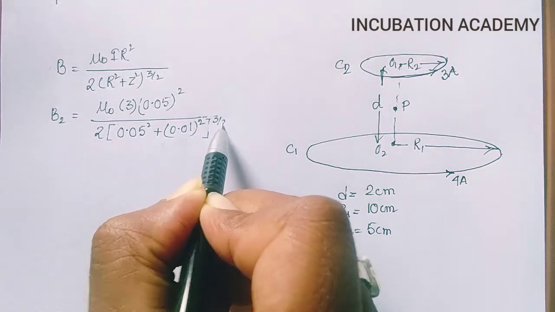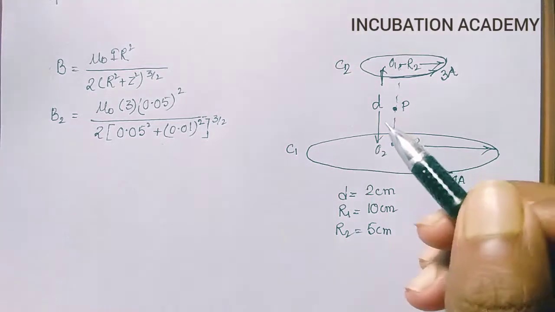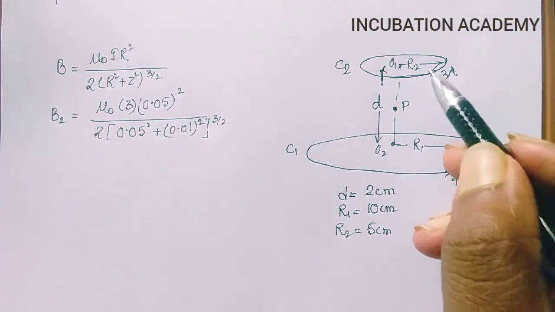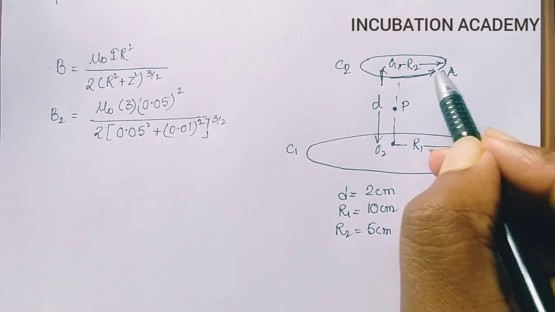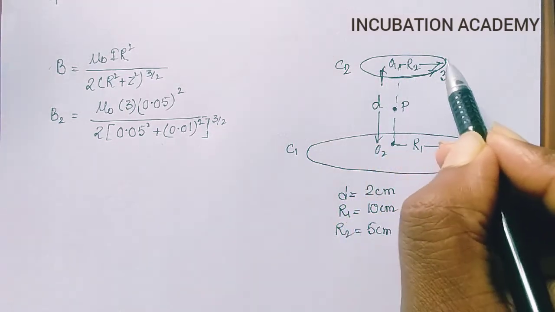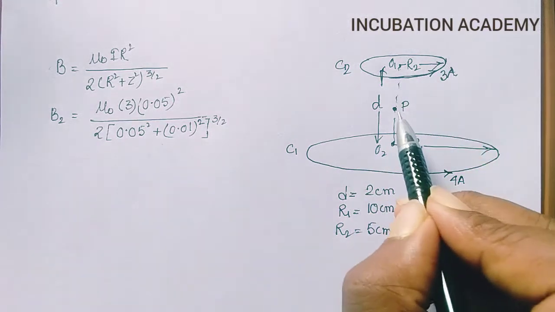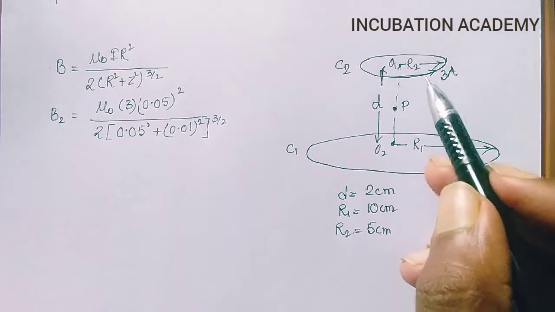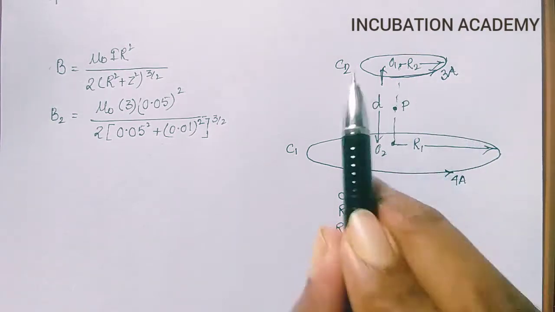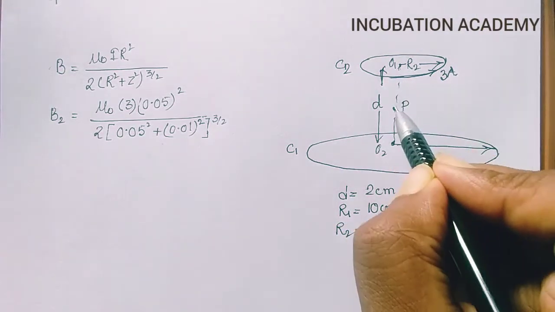Now if I try to find out the direction, just think for this particular coil in which direction the current is flowing. If I look at it from the side of P, then the current flow will be in a clockwise direction.